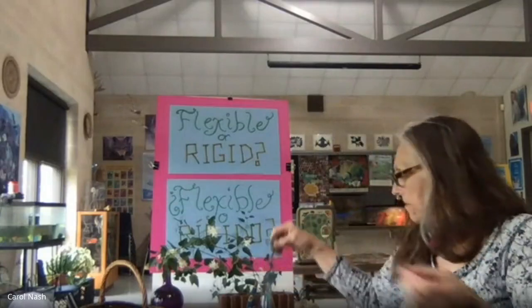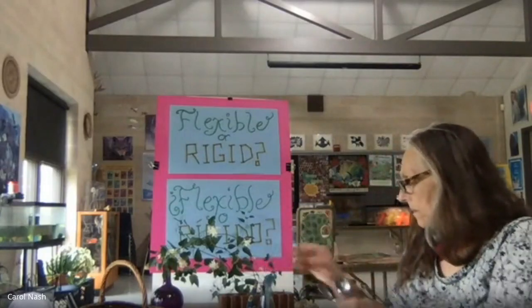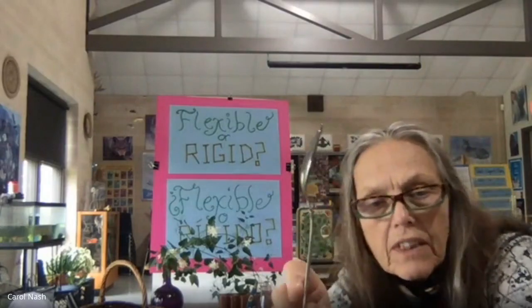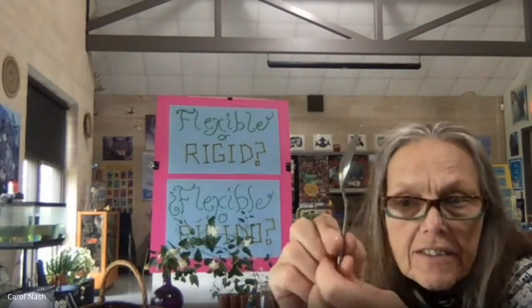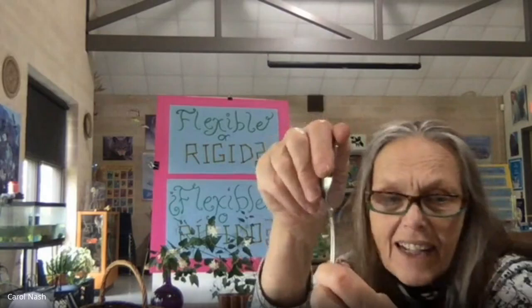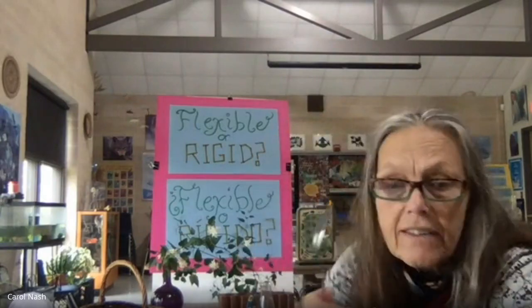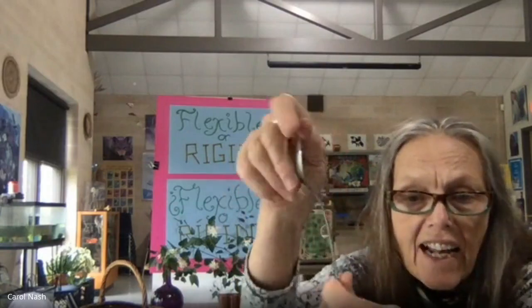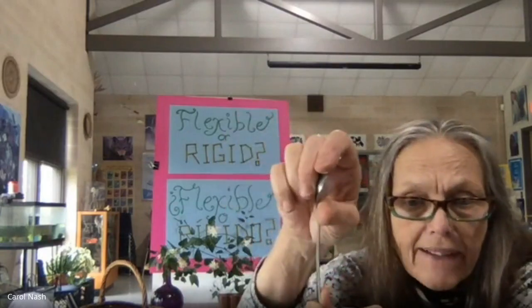These spoons. This one is kind of thicker, and if I try to bend that one, I can't do it. This one is a lot thinner. Can you see it's thinner? And I can actually kind of bend that one.